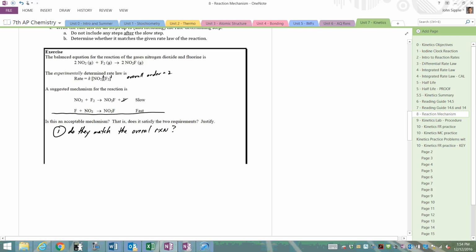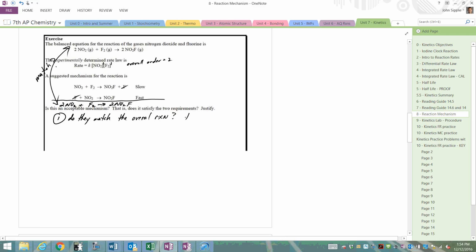Fluorine is gone, and then it should be 2NO2 plus F2 going to 2NO2F. Do they match? Yes, they do. Check. So far so good.